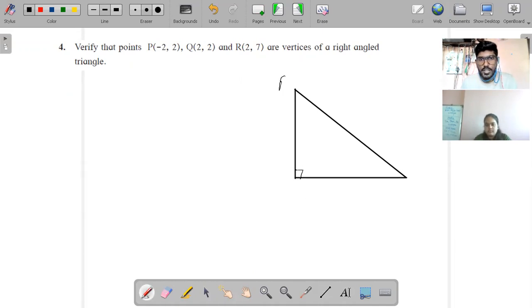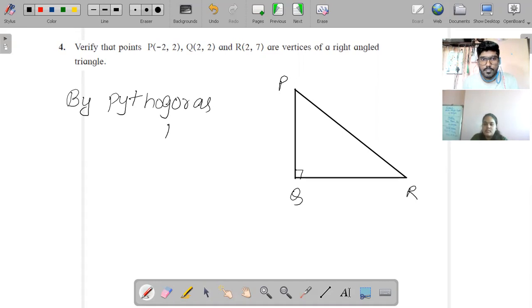So if this is triangle P, Q, and R, by Pythagoras theorem, what should happen? PQ square plus QR square should be equal to PR square.